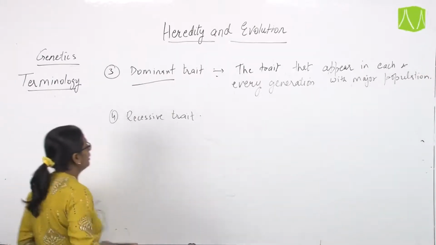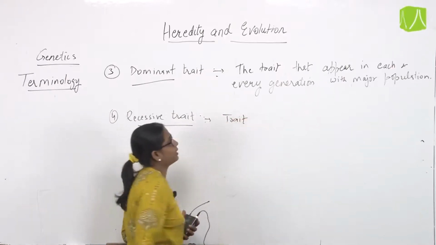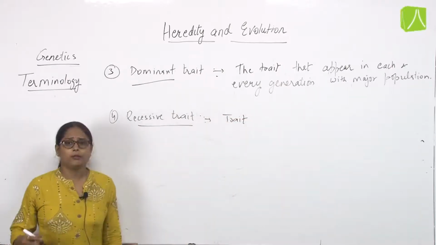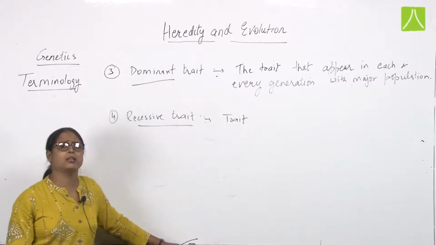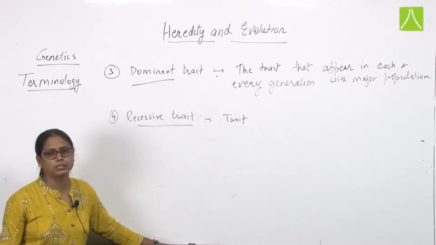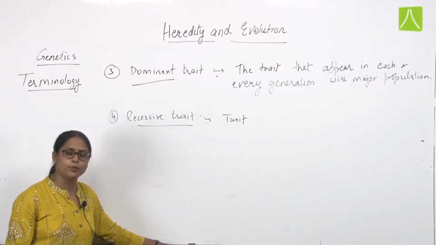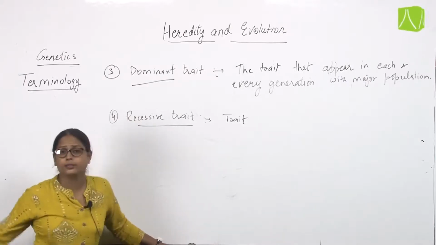But if the trait does not appear in each and every generation and can skip the generation, and if they are appearing, they are not more than the dominant trait, that means the population found to be lesser in a particular generation, then that trait is known as recessive trait.